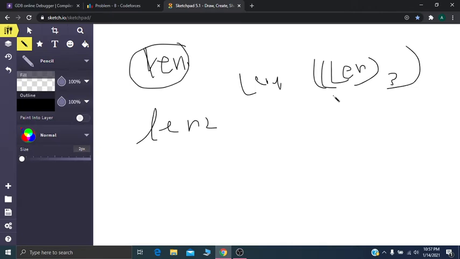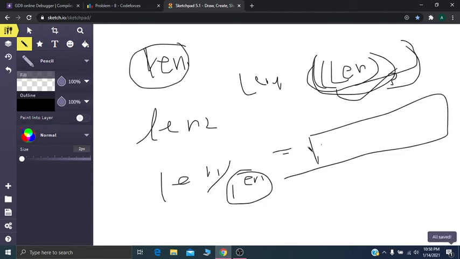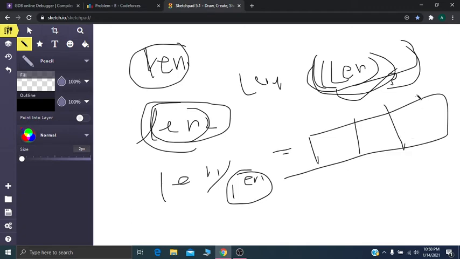We can always measure that if I do something like len3 by len1, what can I find out? I can find out how many strings of length 1 can occur inside this len3, the final result LCM, the final length. And also I can try to find out how many length 2 strings are going to appear here.